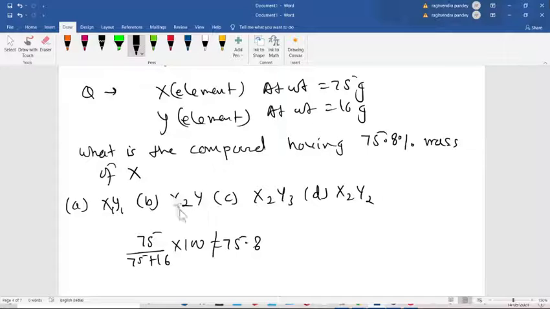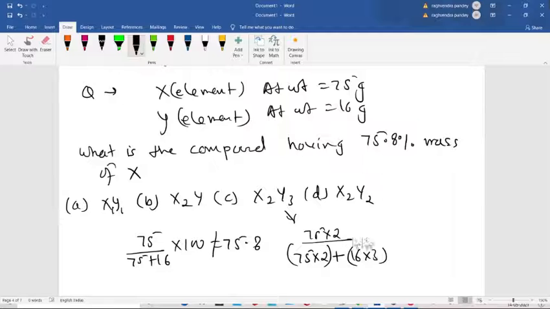Then you take X2Y. Then you take X2Y3. So I'm solving X2Y3 because they gave you the answer. X2 is 75 into 2, divided by total mass. Total mass will be 75 into 2 plus Y is 3, so 16 into 3.